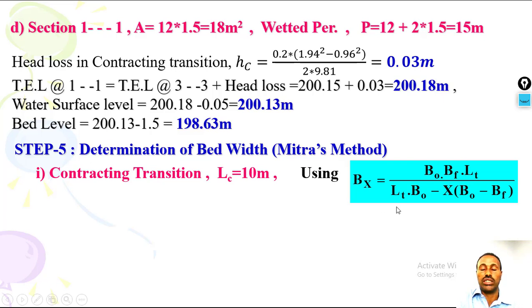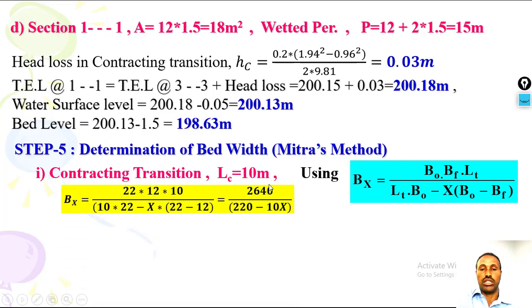So using this equation, width at x distance from the origin, B naught original width times length of contracting transition divided by length of contracting transition minus x, times this one. So for every x we get the width of the channel. So you get this equation.